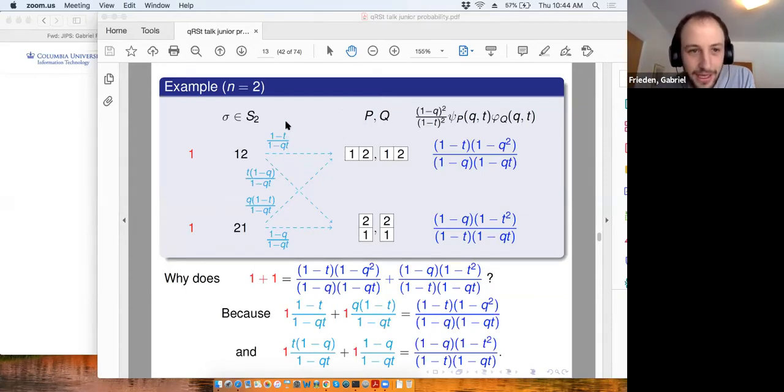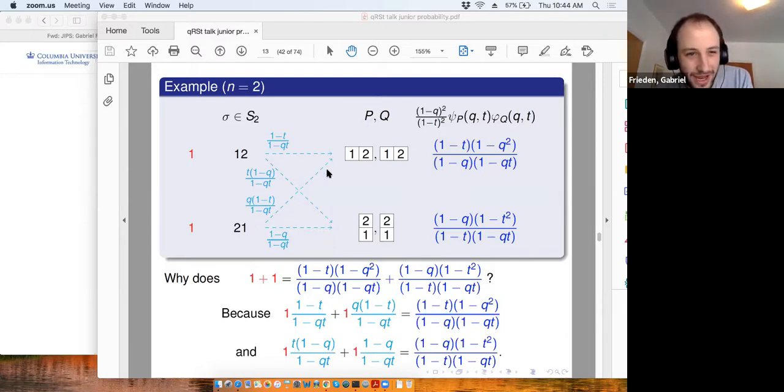So, if you take this example and you set t equals 0, what happens is this probability gets killed. So, at t equals 0, this permutation has to map to this pair, whereas this permutation maps up here with probability q and over here with probability 1 minus q.